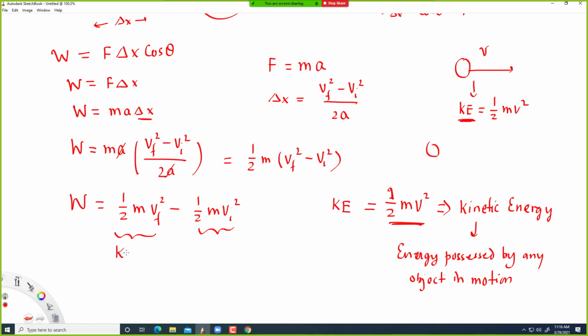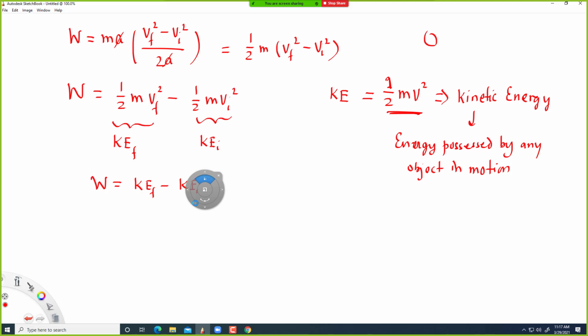Let's denote that by KEf, and this is initial kinetic energy of the object. So work is final kinetic energy minus initial kinetic energy. So this expression is called work energy theorem.